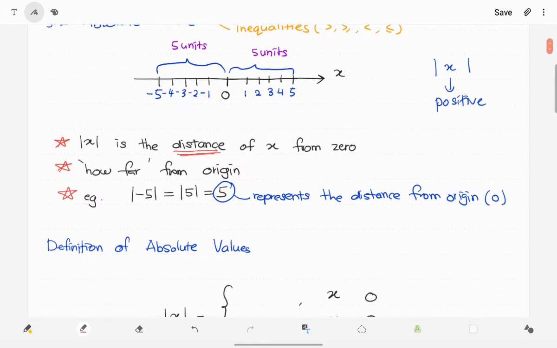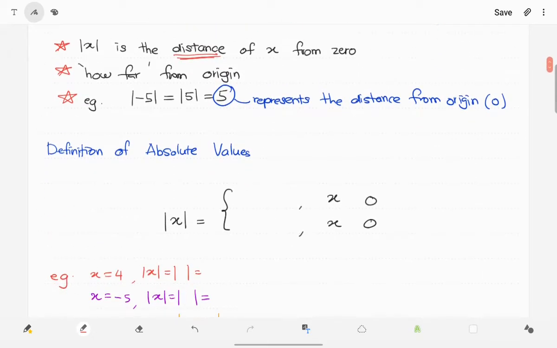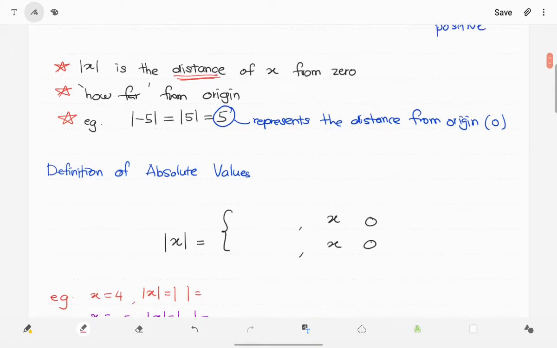Okay, so now we go to the definition of absolute values. Apa maksud definition ni? Bila dalam soalan dia kata define the absolute value, define means awak kena buka dia jadi ni, piecewise function. Awak akan jumpa dalam topik function nanti.